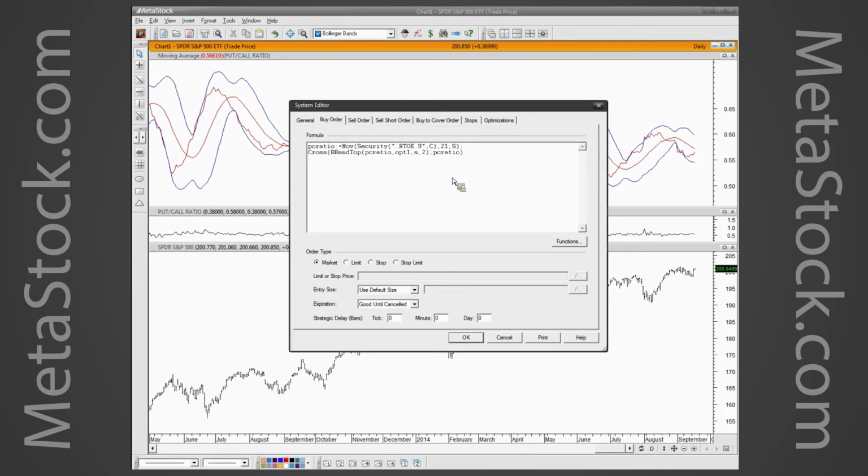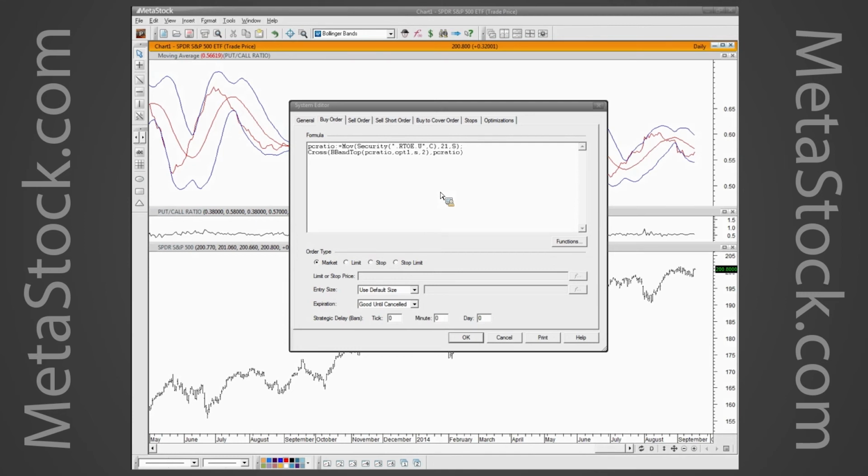We could also optimize this parameter, the number of periods in the moving average on the put-call ratio. And we could also have optimized the number of deviations in the Bollinger Bands. So even though we only did one parameter, there are more possibilities for optimization here that could improve the system.